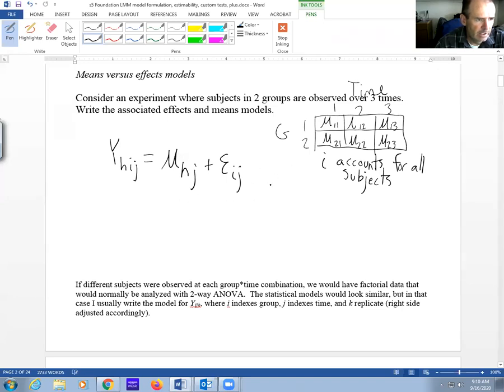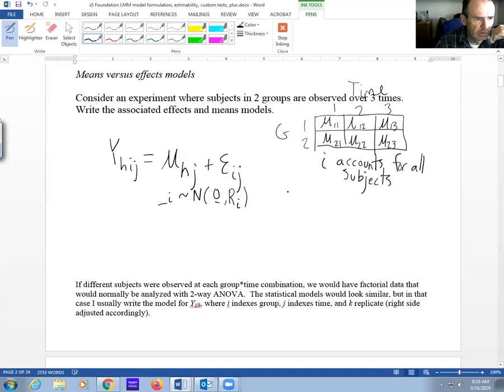So we have e sub i, which is a vector, right? And that's multivariate normal, mean 0, and covariance matrix R sub i. So R is going to account for the repeated measures.